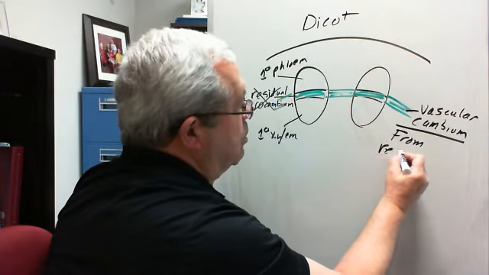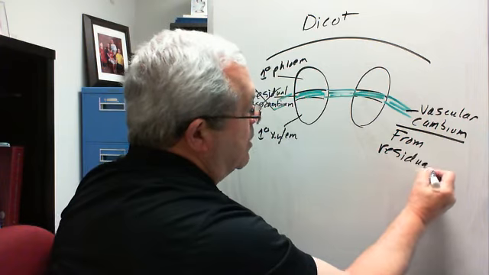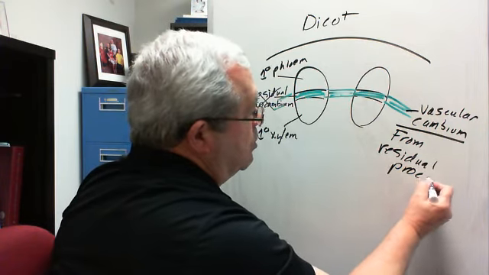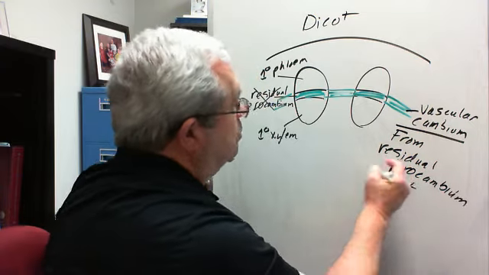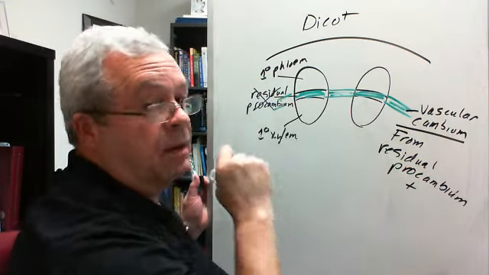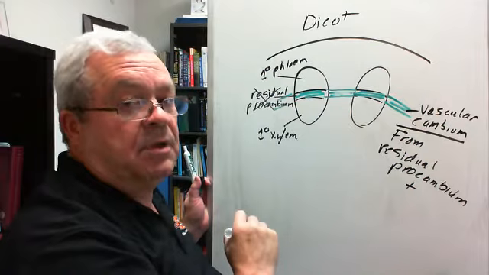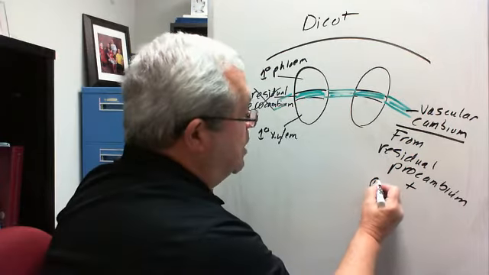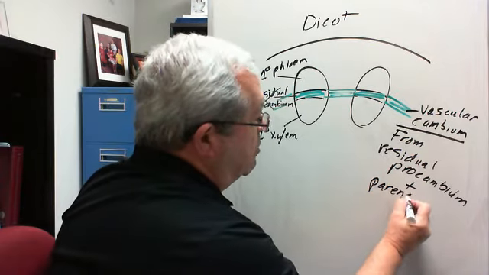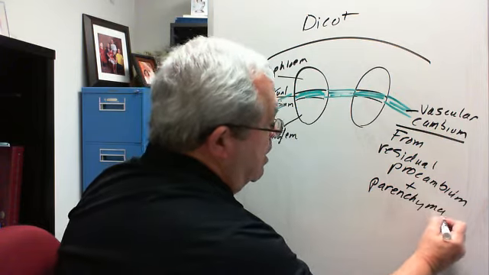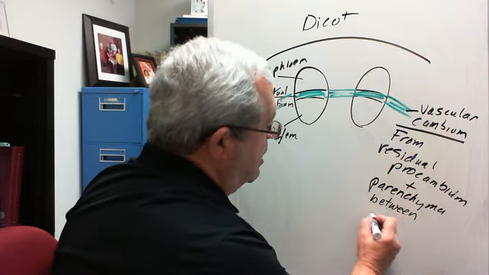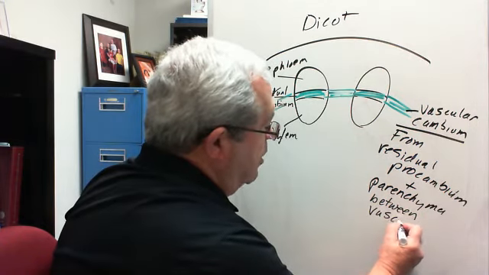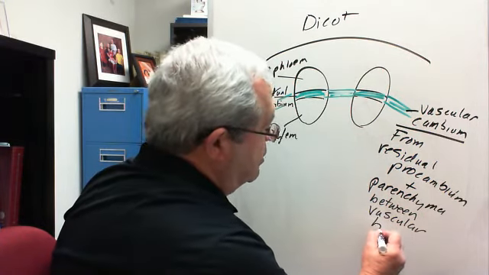The residual procambium plus what? What was in here again? Parenchyma. How would we describe the location of the parenchyma? Plus parenchyma between vascular bundles. The parenchyma between the vascular bundles.